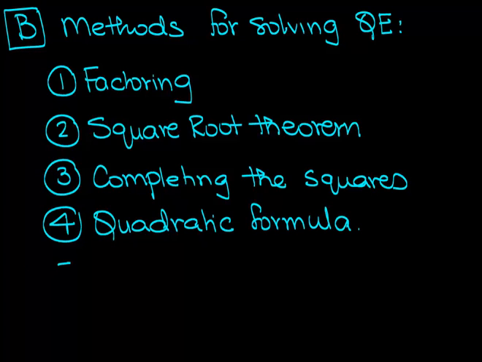And then the last method to solve an equation is, this is true, it's not really a quadratic equation, but we can make it into a quadratic equation. So in this case we say it's almost quadratic.